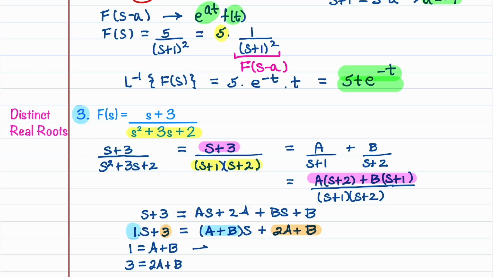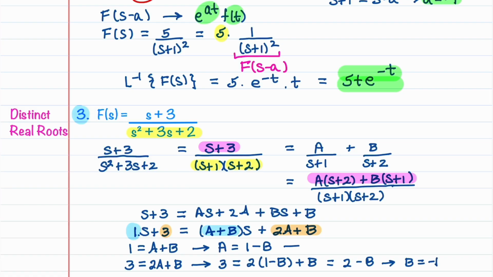In this first equation, I am going to let a be equal to 1 minus b, and we'll substitute that into our second equation, where we can get 3 is equal to 2 times a, which is now 1 minus b, plus b. This is equal to 2 minus 2b plus b, so it's just 2 minus b, and that gives us that b is equal to minus 1.